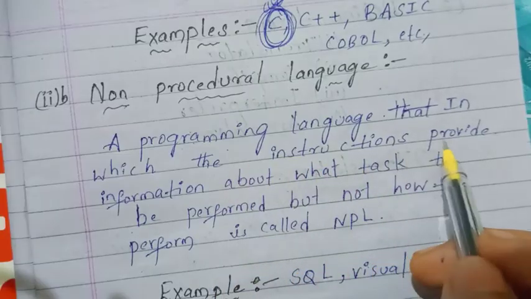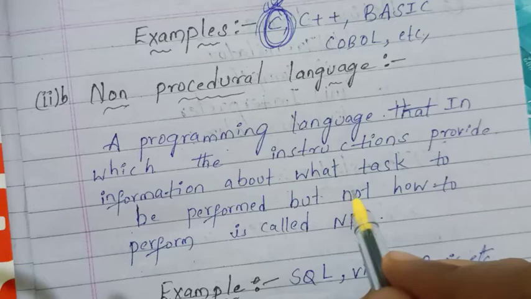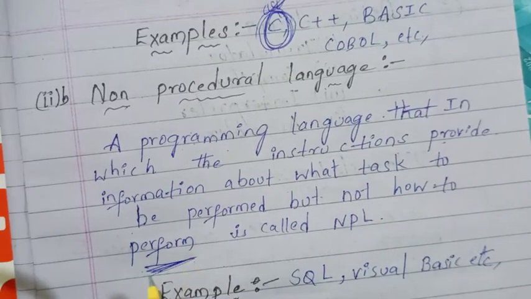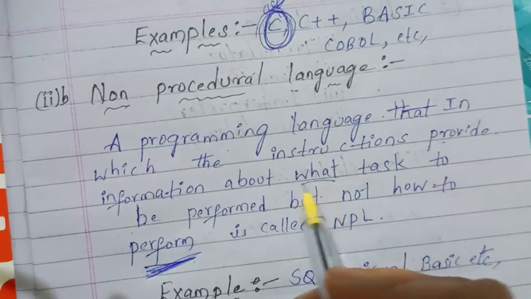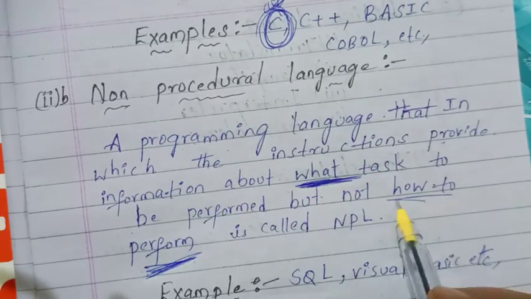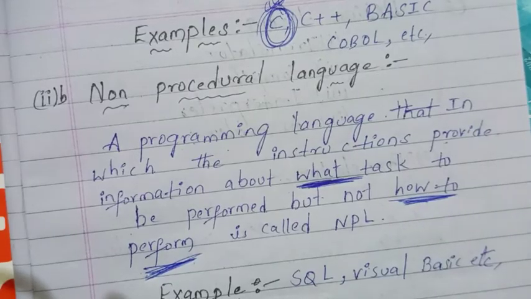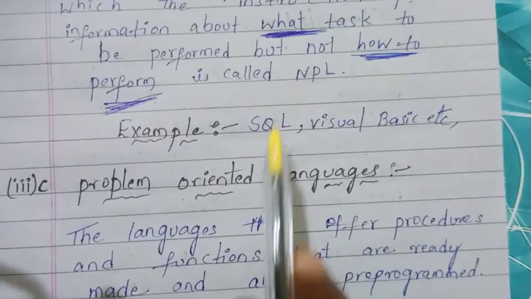And then non-procedural language: a programming language in which the instructions provide information about what task is to be performed but not how to perform it. So here in non-procedural language, the instruction provides information about what to do, but it doesn't provide any information about how to do that task.